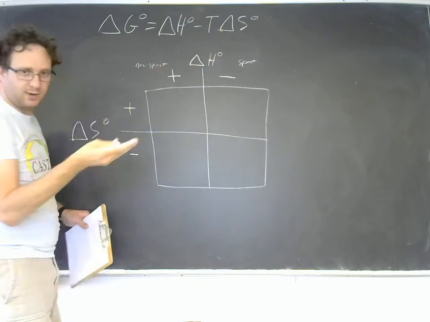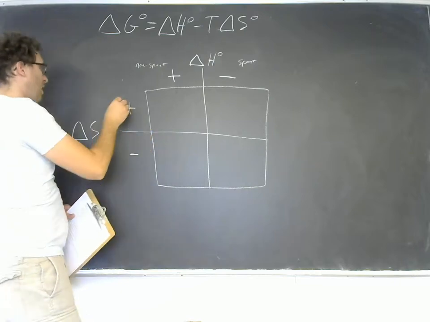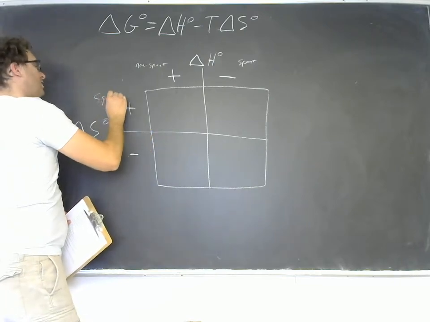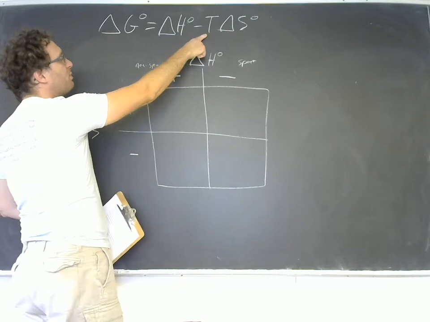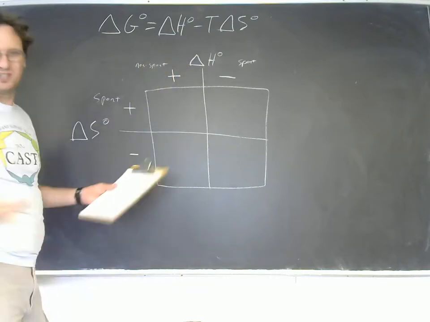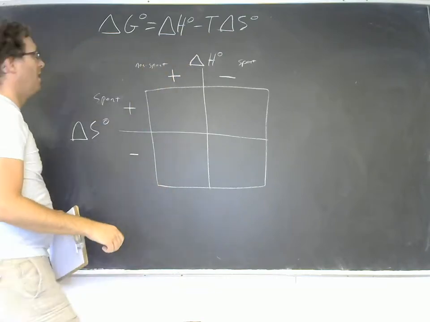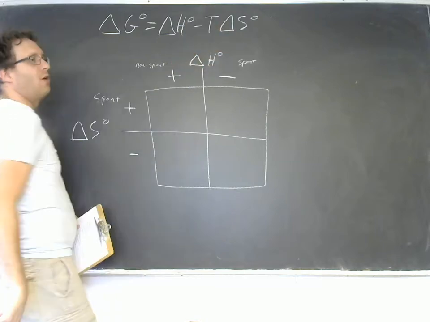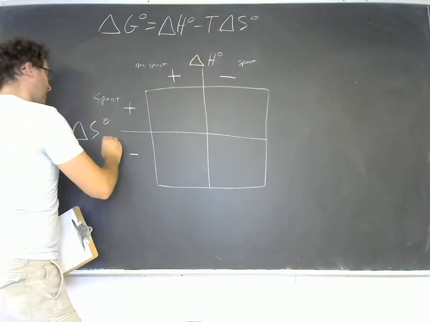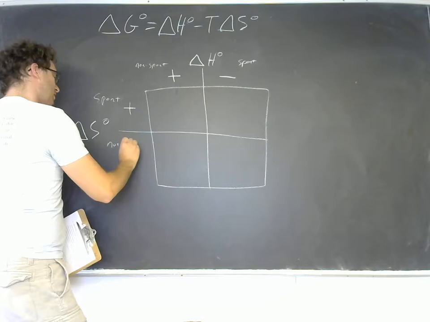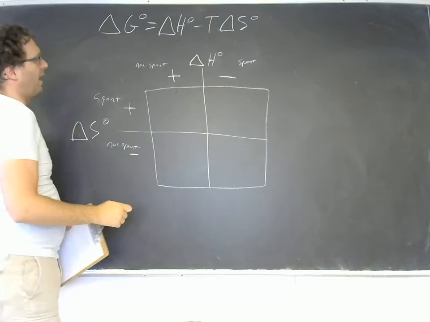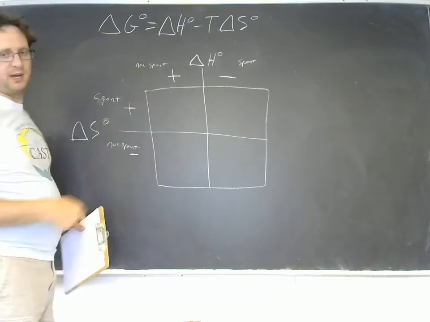I was backward, forgive me. A positive delta S tends toward spontaneity because it is multiplied by the negative of the temperature, and temperatures are always positive valued. That makes this negative overall. And a negative delta S tends toward non-spontaneity. Okay, well, you don't need to write all of this up here on your own version of this.